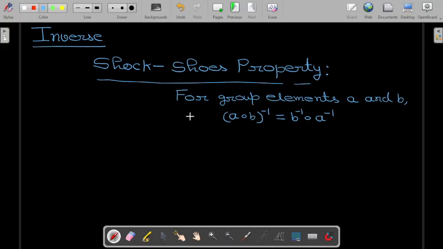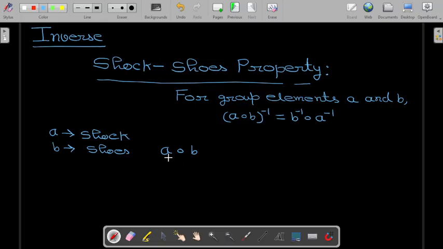Think for a second about what is going on. Let's go back to the nostalgic days when we went to school and wore a proper uniform. When we wear the uniform, we first wear socks, then wear shoes. That is one process. Let's denote socks by A and shoes by B. So we first wear socks, then wear shoes.